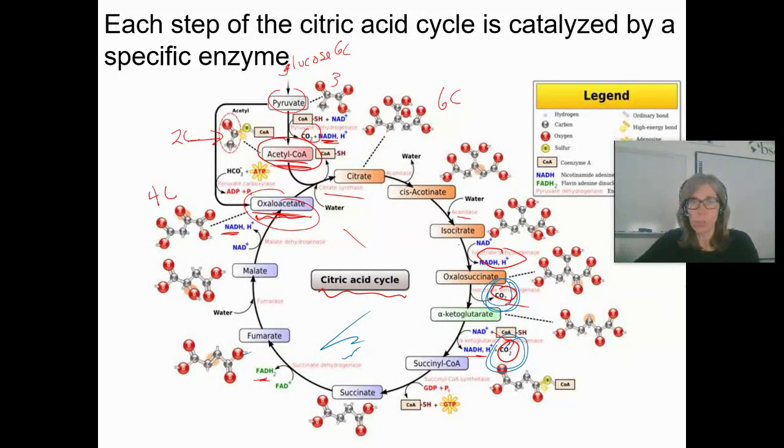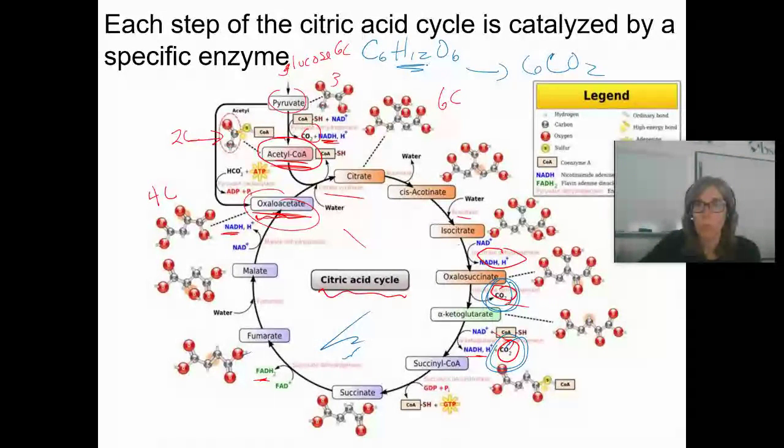So glucose, remember, has a bunch of hydrogens on it. And those hydrogens have protons and electrons, right? And so you've broken that all the way down to 6 carbon dioxides. But what happened to all the hydrogens? Well, the electrons and the protons went on to NAD plus to make NADH, and also to make FADH2 from FAD.